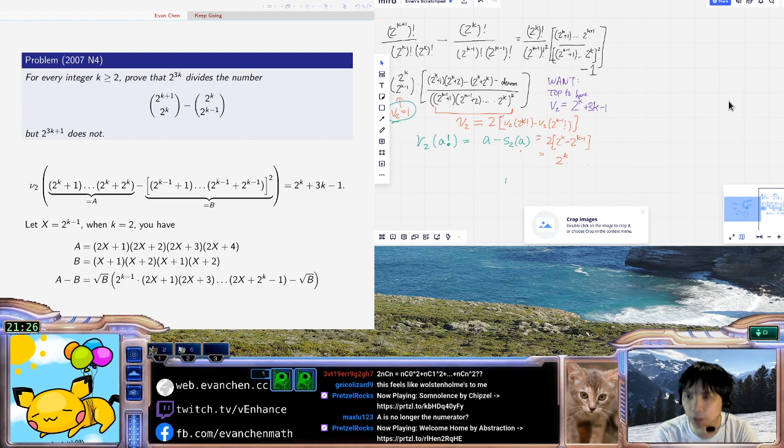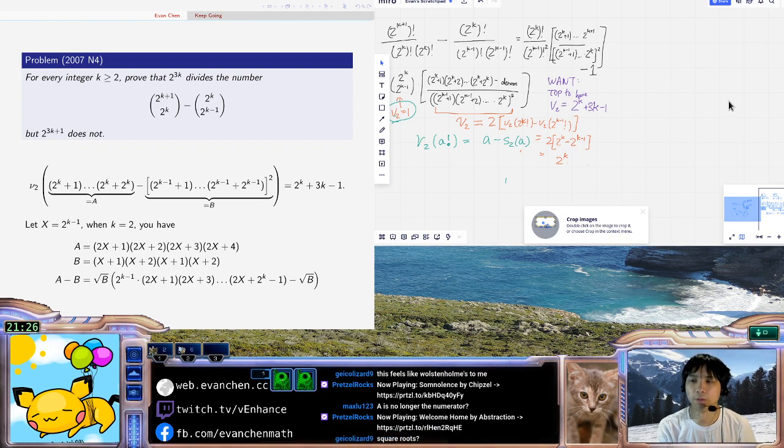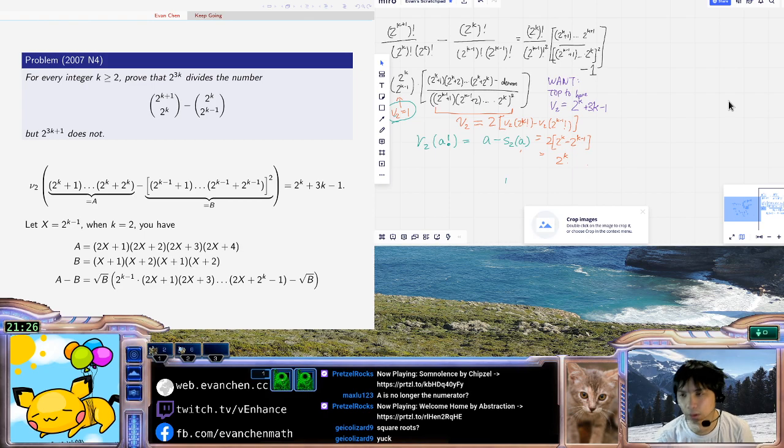Okay, so the aim, yeah, I can factor out the x plus 1, x plus 2 thing. You can compute the v2 of the square root b. It'll be something. Oh man, there's so many calculations. I'll worry about that later.